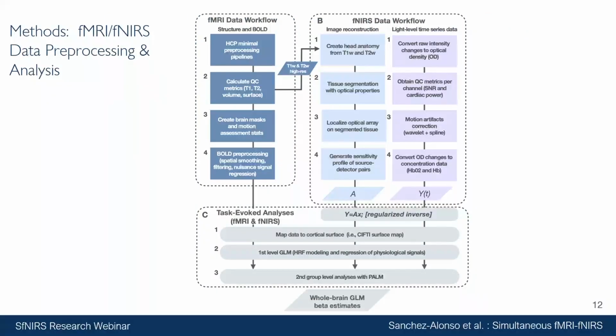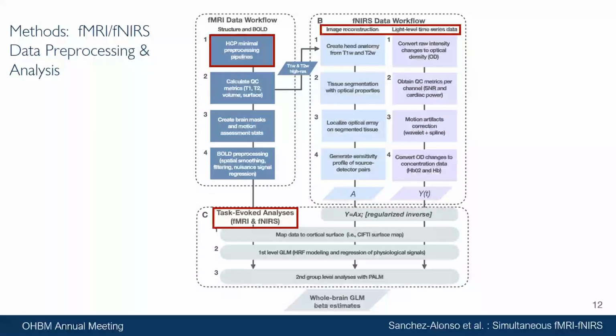You can see here just an overview of the pre-processing and analysis pipelines that we are using. I just want to highlight a few things since I don't have time to go in detail on that. So for the fMRI data, we are using standard HCP pipelines. For the NIRS data, we are analyzing the light level time series, and we are also doing image reconstruction, which means basically that we are co-registering the optodes onto the anatomical images, and in addition to that, we generate sensitivity profiles of source detector pairs.